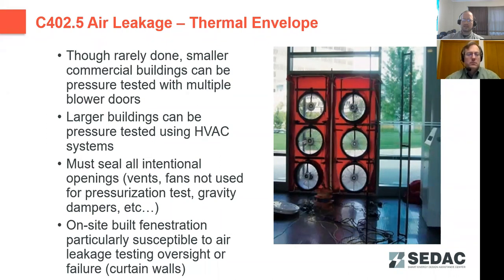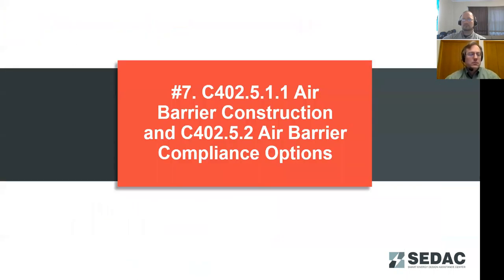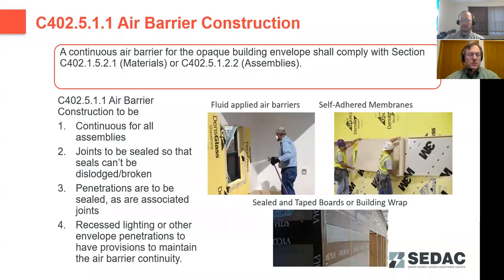So we do like to see pressure testing of buildings, but another way to get compliance is through air barrier construction specification. The code specifies you have to specify a continuous air barrier for the opaque building envelope, and it should comply with materials.